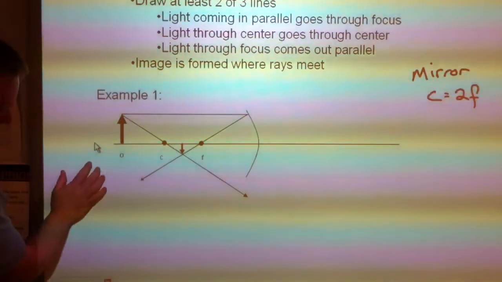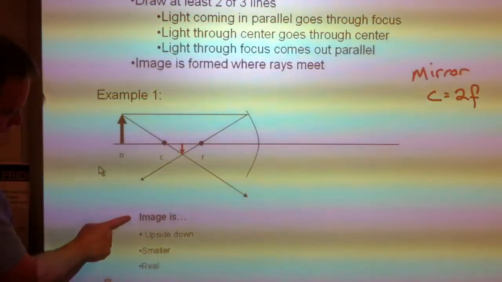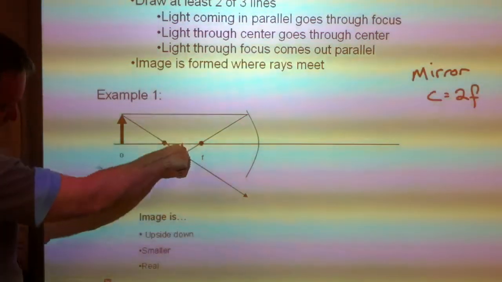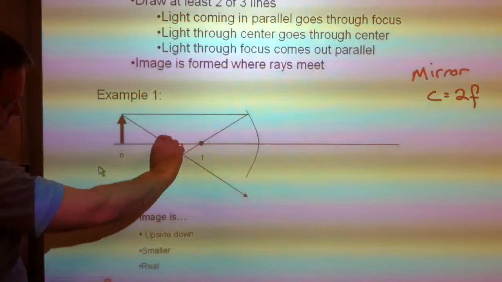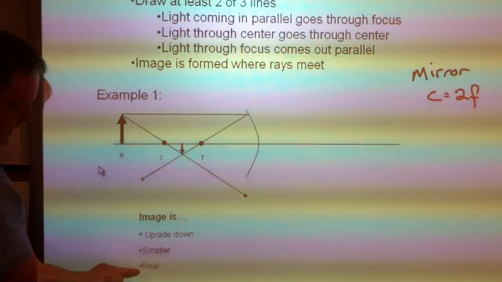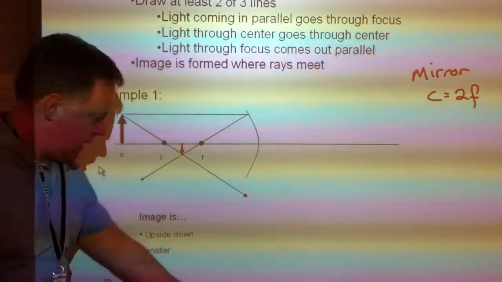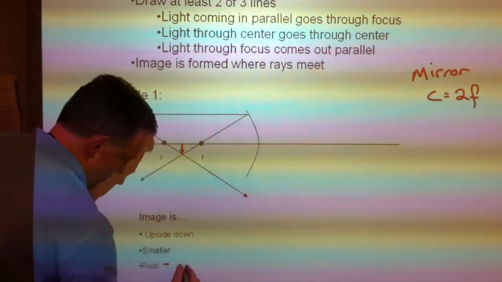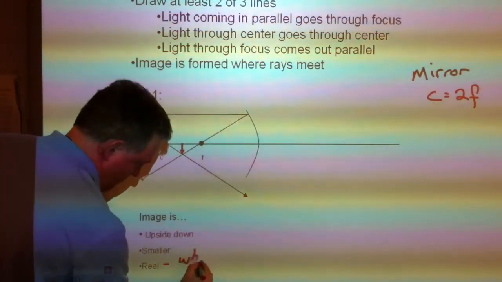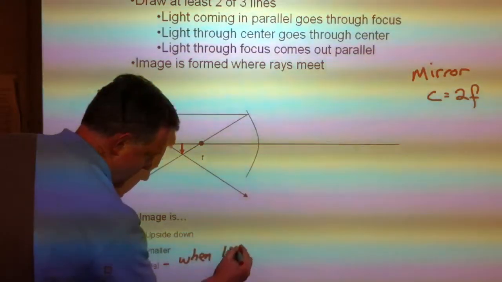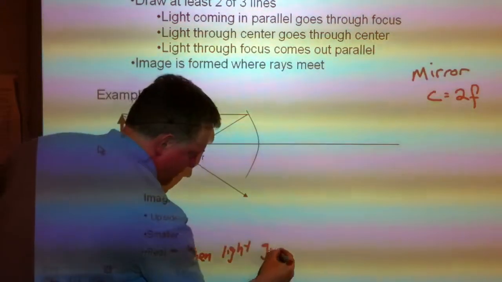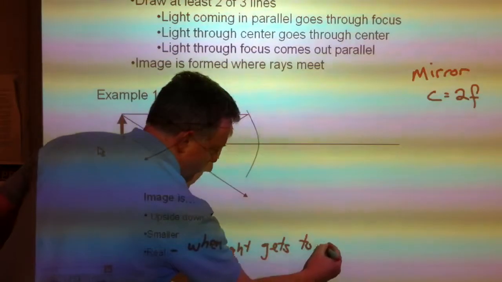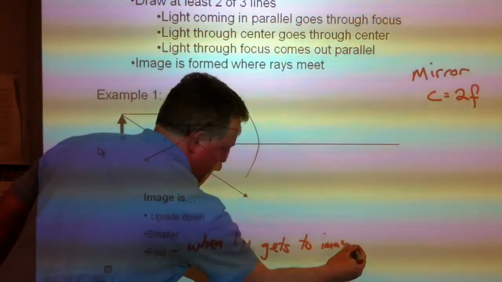And you'll notice that the image is upside down, it's pointing downward, and smaller than the original, and it's what we call a real image. And we have to write down what a real image is. A real image is formed when the light actually gets to where the image is.